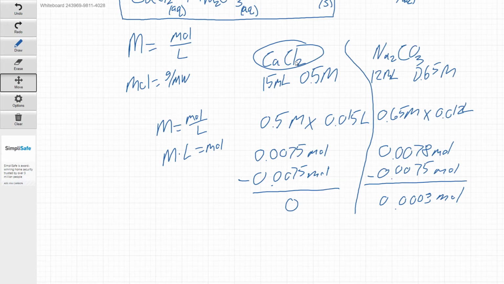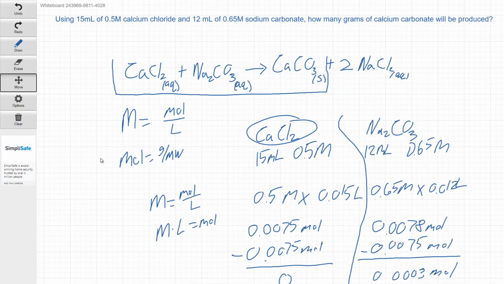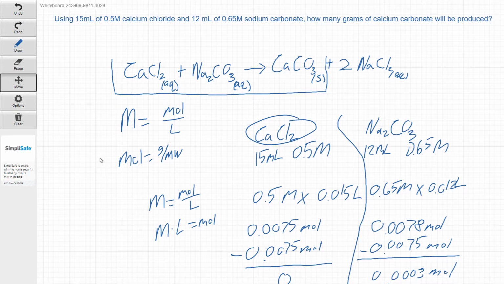So now that we know what our limiting reagent is, we can figure out how much calcium carbonate we're going to make. Remember the question up top, we wanted to figure out how many grams of calcium carbonate. We didn't ask for how many moles, we want how many grams. So thankfully, we can use this right here, and we can calculate that.